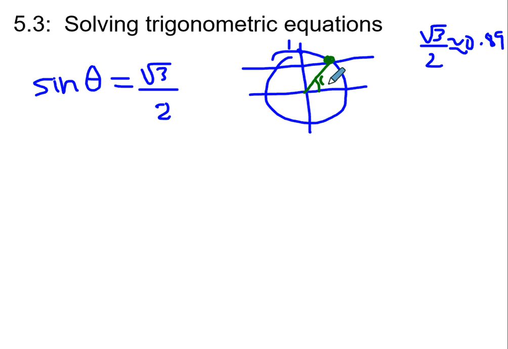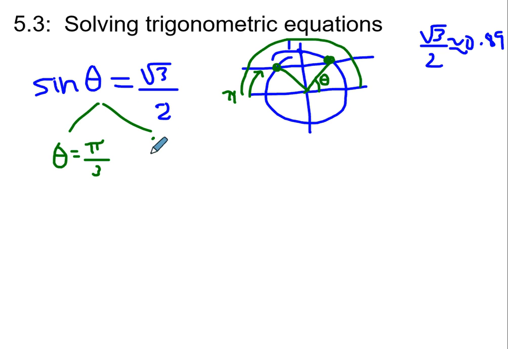The first angle here is theta, and the other one would be pi, which is here, minus theta, and that would give you your second angle here. And because this one is one of the angles we know, then you should know that theta is equal to pi over 3, and the second one is 2 pi over 3.